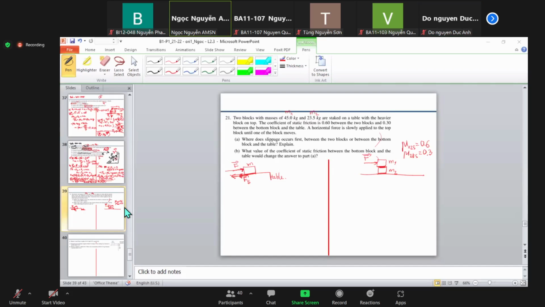Okay. So when you increase this force but the object doesn't move yet, it means you increase the static friction.